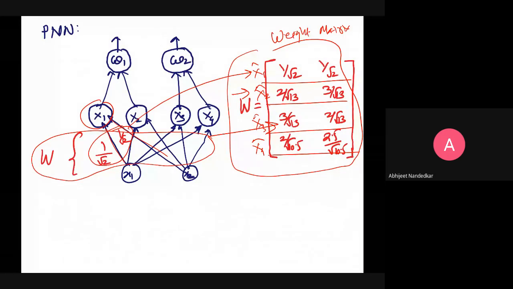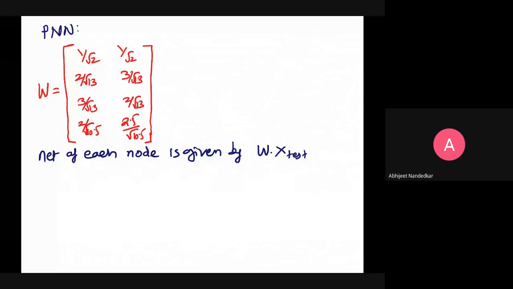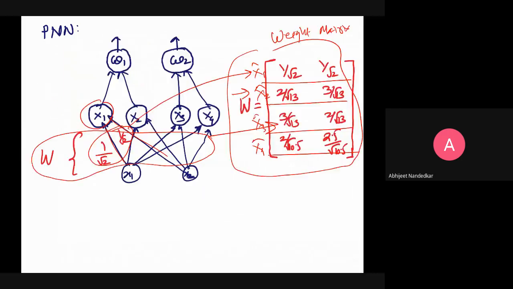Now what is to be done? So this is the design actually. Designing is over, and you will see that since x1 belongs to omega 1, there is a connection here. Then x2 belongs to omega 1, there is a connection here. x3 belongs to omega 2, so I made a connection here. x4 belongs to omega 2, so there is a connection here.